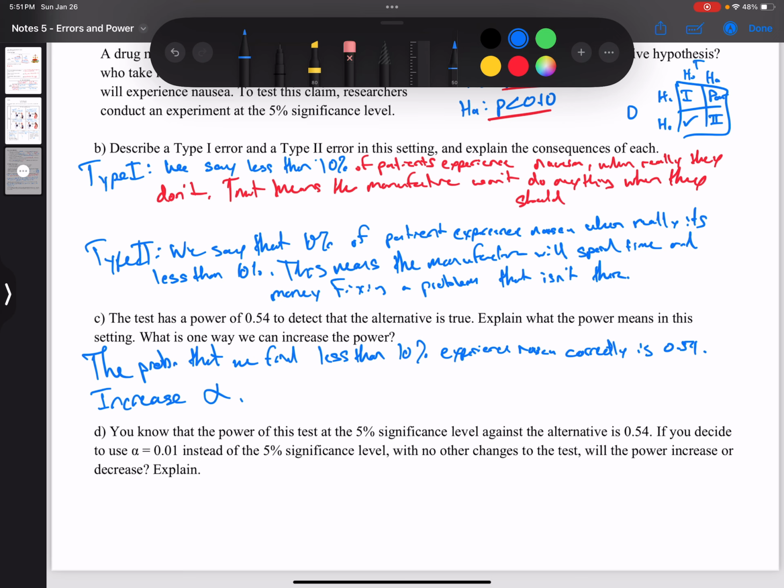If we're decreasing our significance level, that means power will also decrease, and this is because the probability that we reject the null decreases. So again, this is just trying to memorize this, and it just takes a lot of practice.